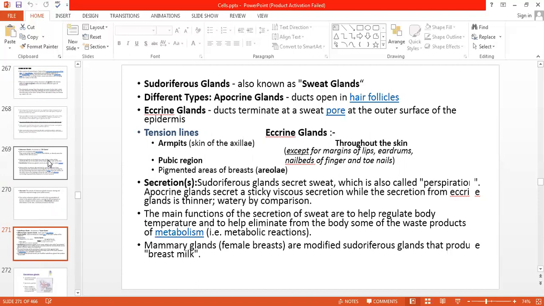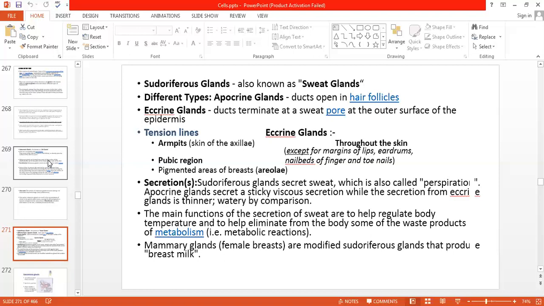Secretion: ceruliferous glands secrete sweat, which is also known as perspiration. Apocrine glands secrete a sticky, viscous secretion, while the secretion from eccrine glands is thin and watery by comparison.